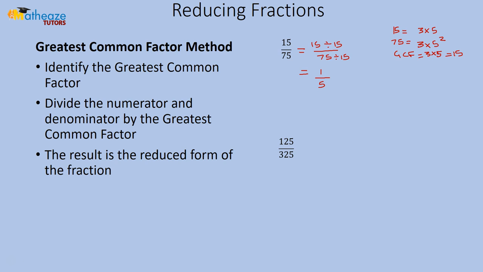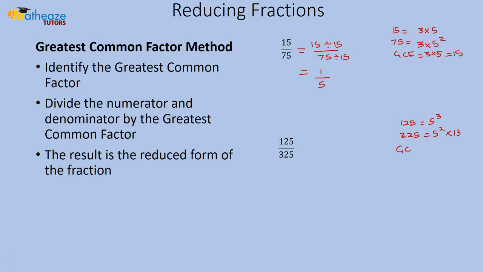Okay, so now to the next example. We're going to take 125 and write it as a product of its prime factors. So that's going to give us 5 to the third power, and then 325 is 5 squared times 13. If you need help trying to figure out this greatest common factor, there is a video specially dedicated to this topic.